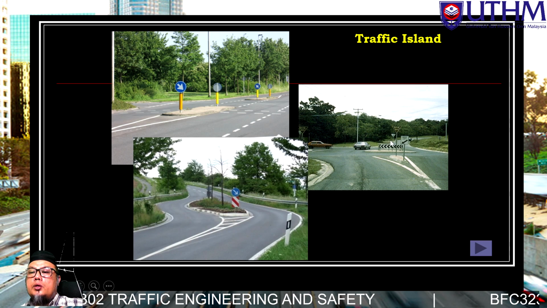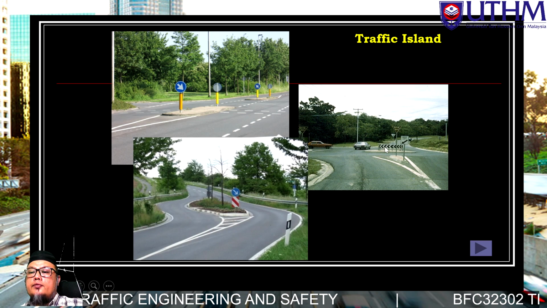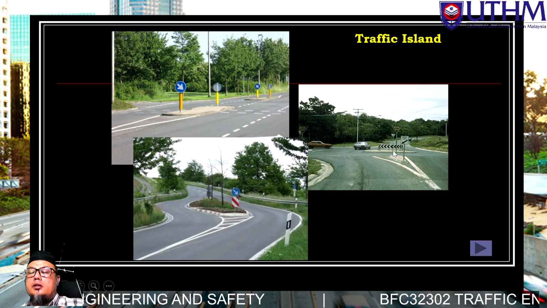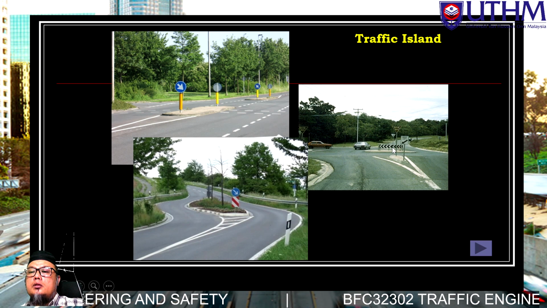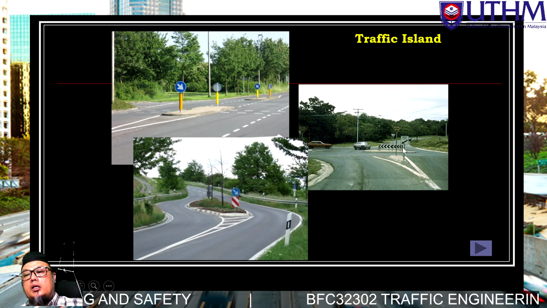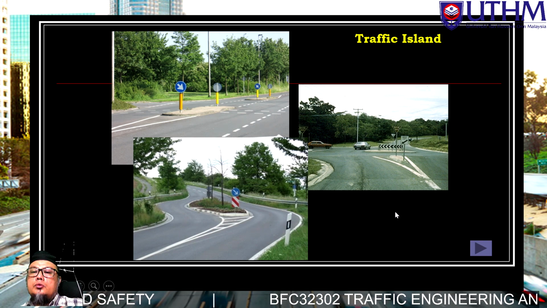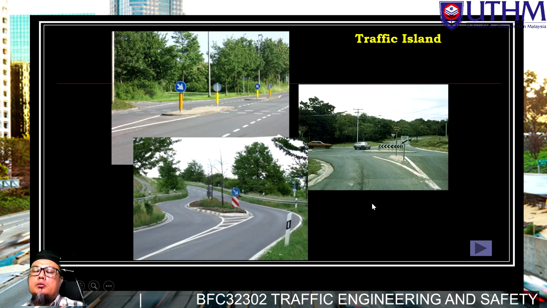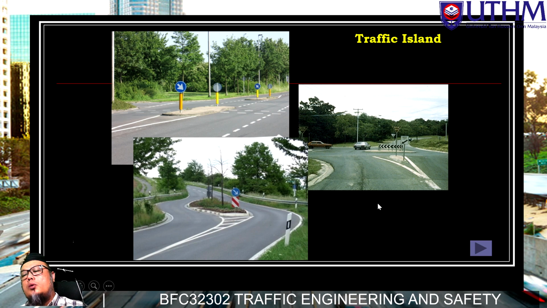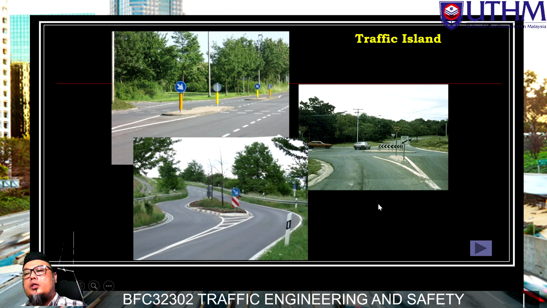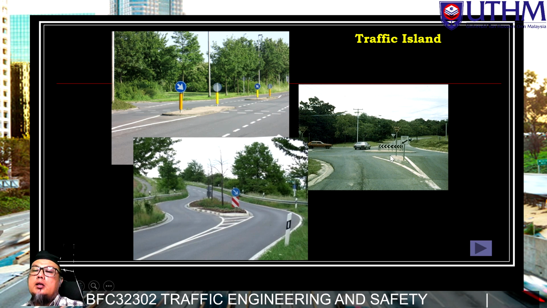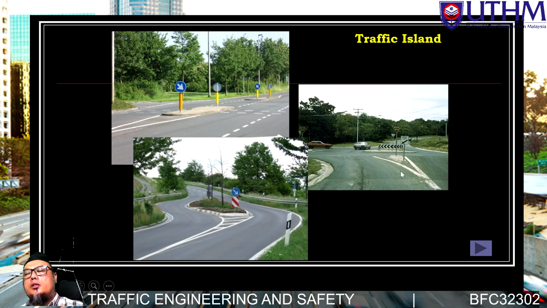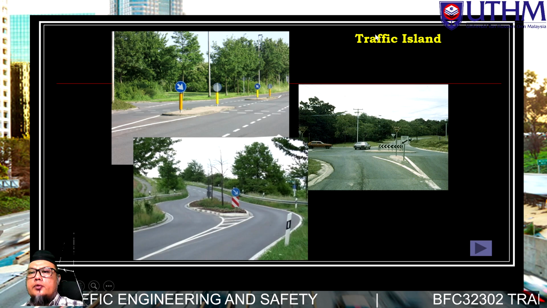From the minor road, vehicles want to join, so they have some channelization at the seagull area. The seagull area is a triangle-shaped island. The name seagull is a bird's name, S-E-A-G-U-L-L. Okay, that's for the traffic island.